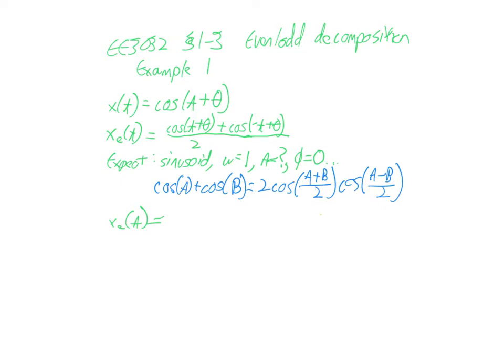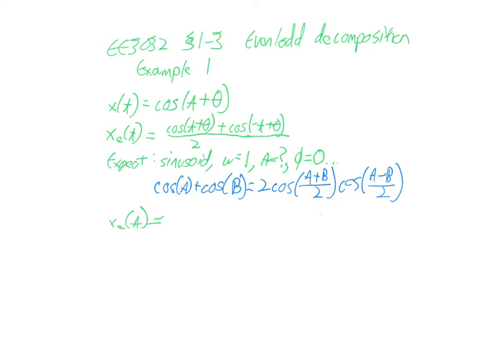We'll call the first angle above A and the second angle above B. So expanding this out, the 2 in the trig identity is going to cancel out the 1/2 in the formula there. Then we have our angle A, and our angle B is the argument of the second cosine.